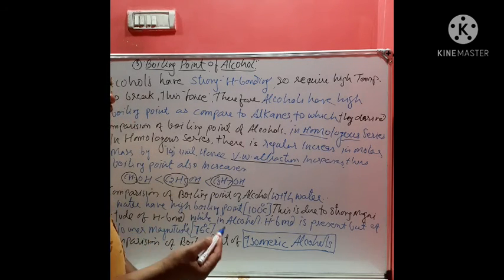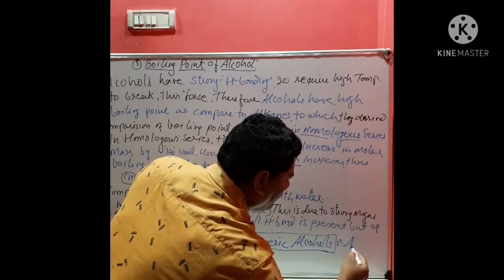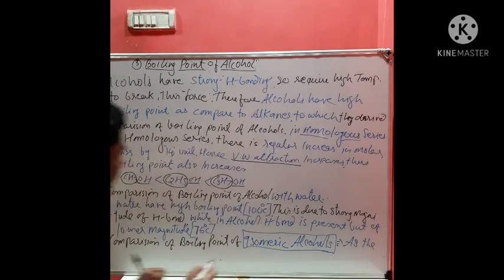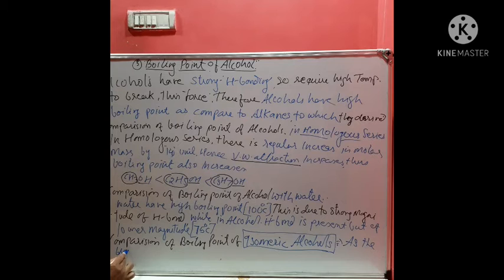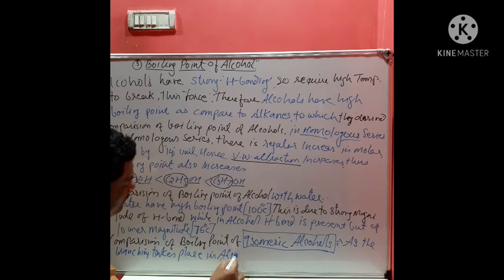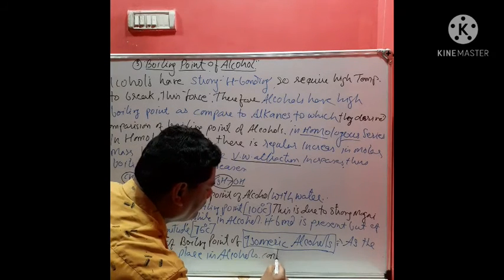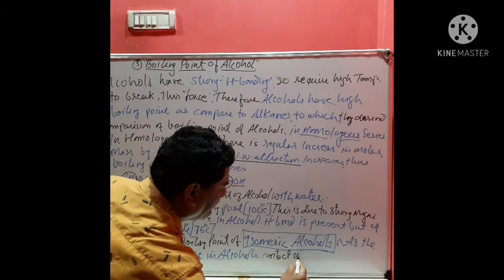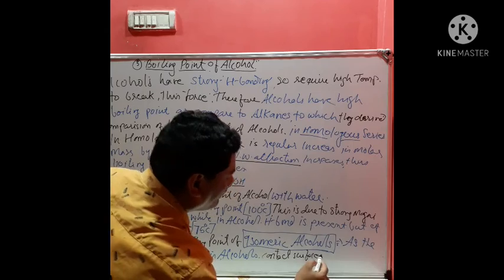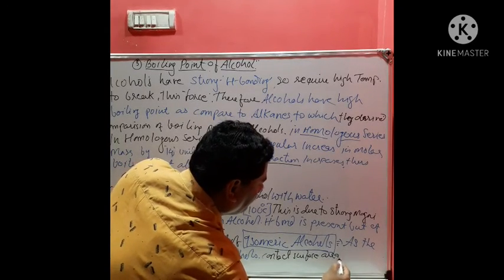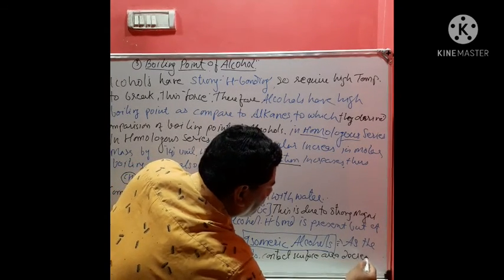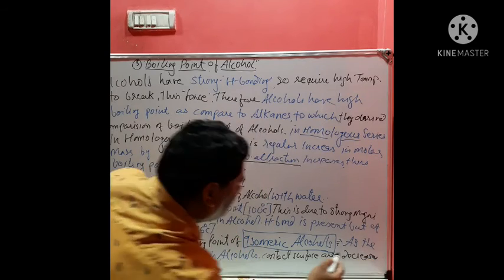So, as the branching takes place in alcohols, contact surface area decreases, okay.